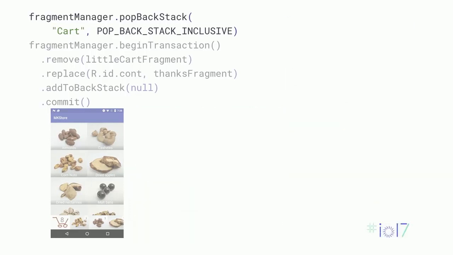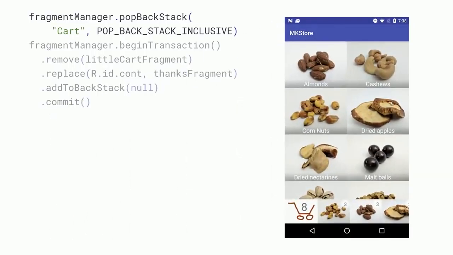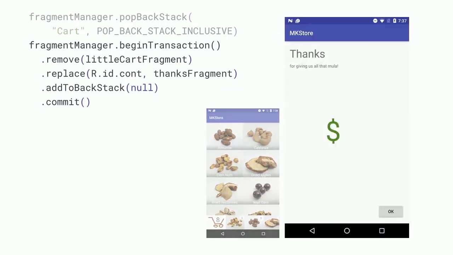It'll pop all those states back, and at the same time, we add this new transaction, which will replace that state with our thank you page, because we want to thank them for giving us all their money. It's pretty good. I mean, we need to thank them for giving us all their money.